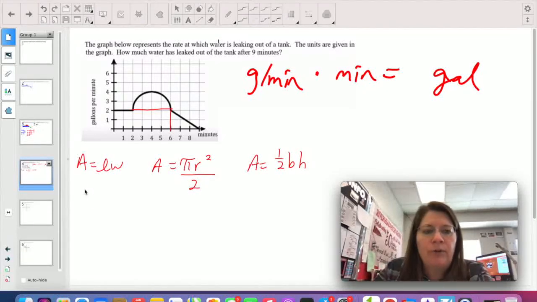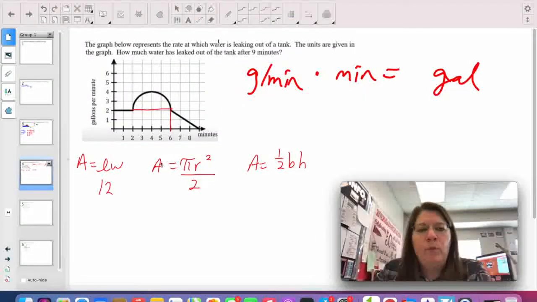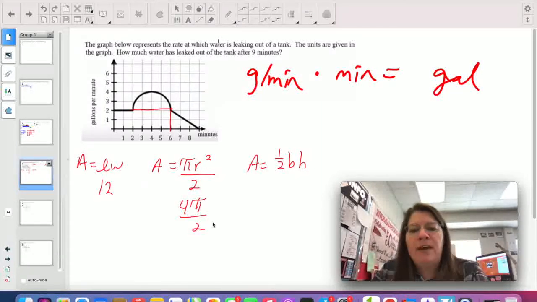and find my area under the curve. For the rectangle, this length is 6, the width is 2, so 6 times 2 would be 12. For the semicircle, I have pi, my radius is 2, so I have 2 squared, which is 4 pi, and that's divided by 2.